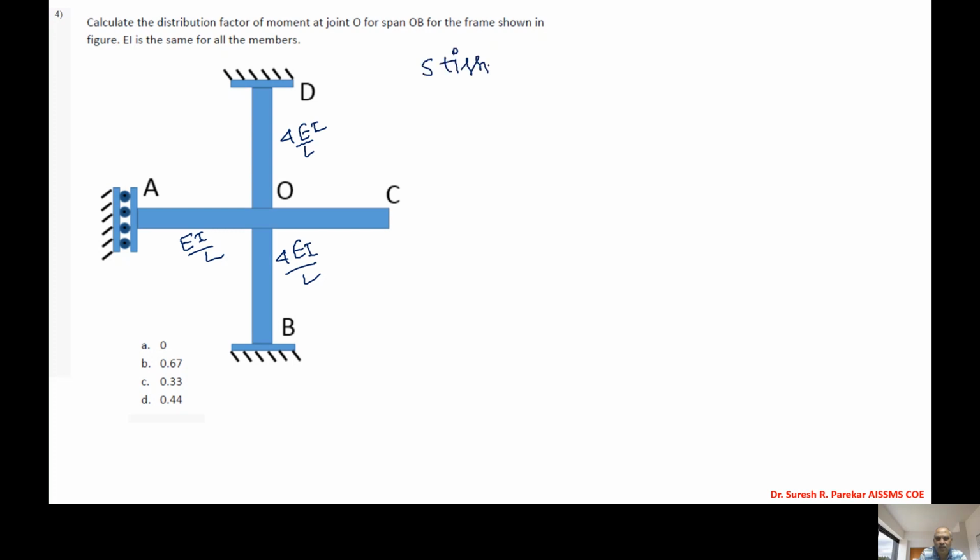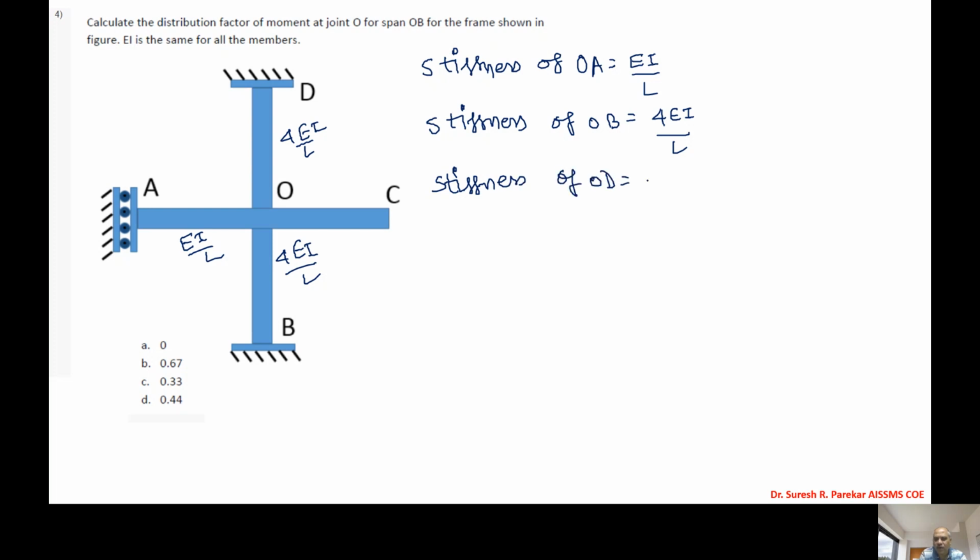So stiffness of OA is EI by L, stiffness of OB is 4 EI by L, stiffness of OC is absent, and stiffness of OD is again 4 EI by L. So total stiffness at O is equal to 9 EI by L.